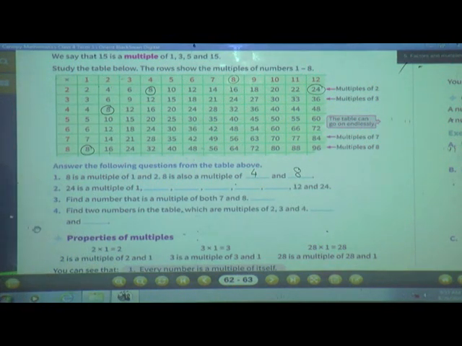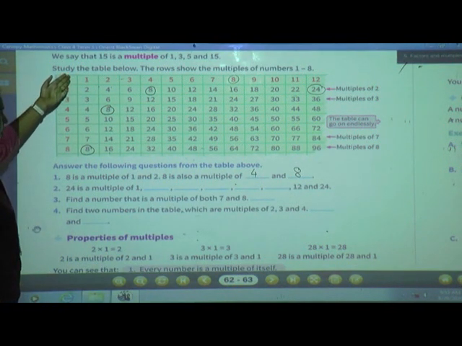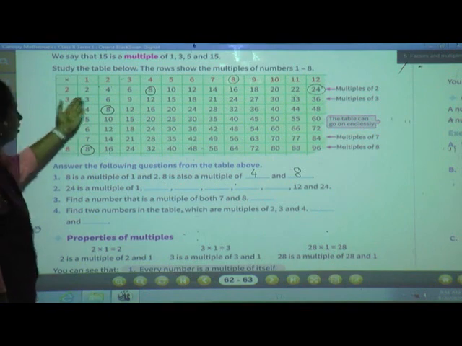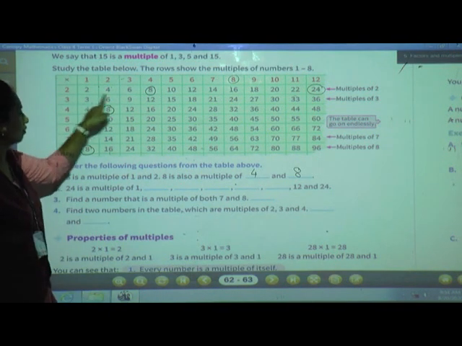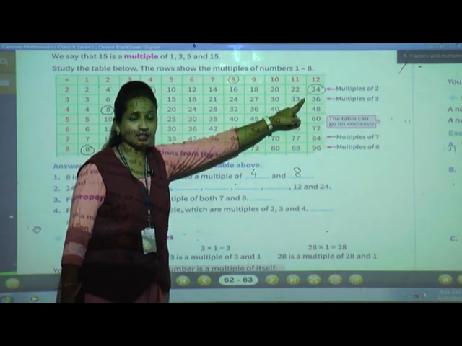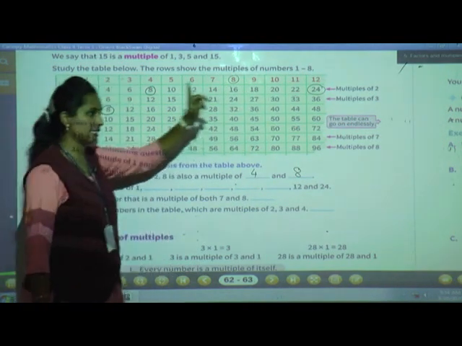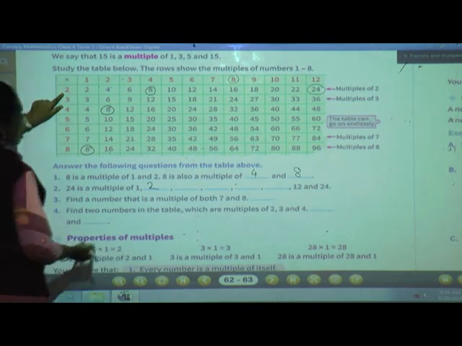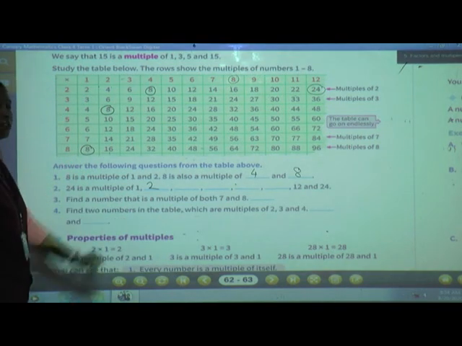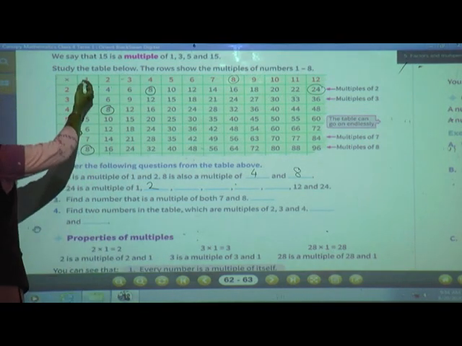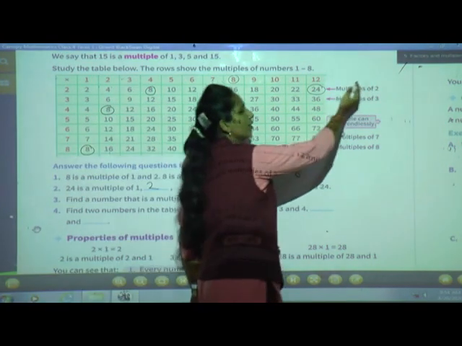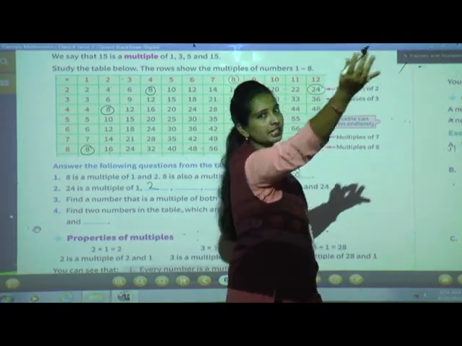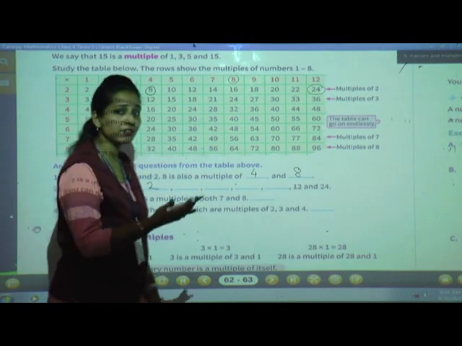Okay, before that, just see, in the 2 table, this is the table of 2. 24 is coming, yes, in the 2 table 24 comes. So right here, how they had given, 24 is a multiple of 1. See, in the 1 table, after 12, 13, 14, 15, 16, 17, 18, 19, 20, 21, 22, 23, 24.